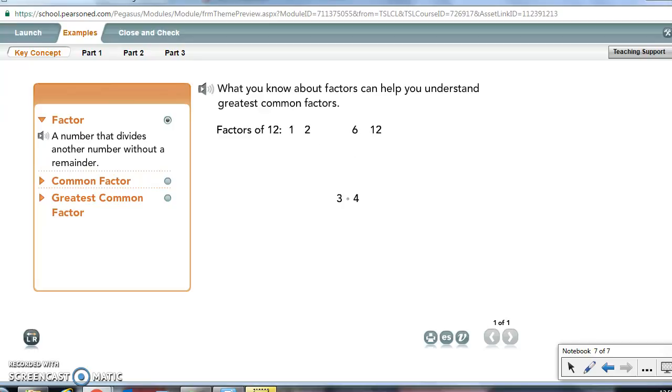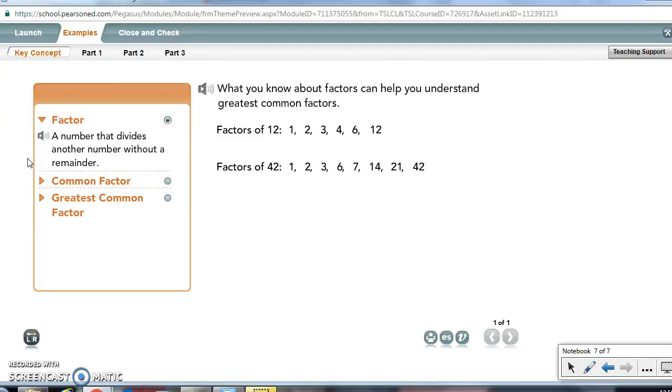So the factors of 12 are the numbers you can multiply together to get 12: 1, 2, 3, 4, 6, and 12. A factor is a number that divides another number without a remainder.